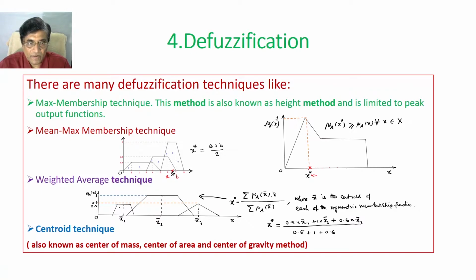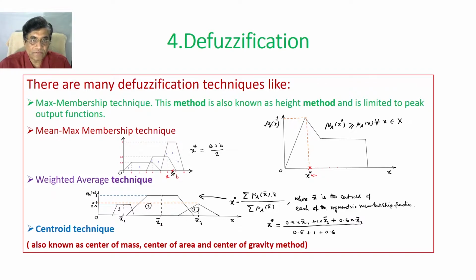and this is the centroid of fuzzy membership function 1. Okay, so then same thing. This is for membership function 2, this is for membership function 3, and then x1 bar, x2 bar, x3 bar.